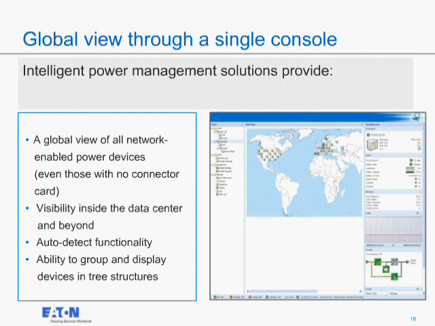There are solutions that can give you visibility into the data center and beyond. And there's auto-detect functionality that allows you to auto-discover all of the various network-enabled devices on your network, and the ability to put all of that into tree structures to group and display those in whatever organizational format suits your particular needs.